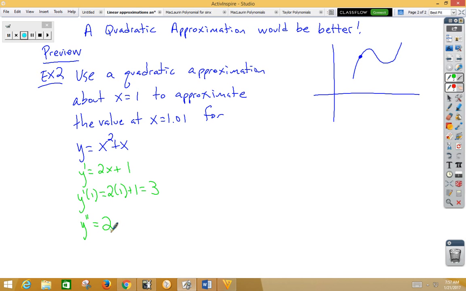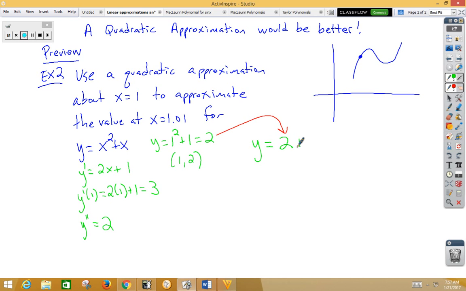All right, so now we start off. We're going to need our point again. So y is 1 squared plus 1 is 2. So we've got the point (1, 2). So our initial statement starts off as y equals 2, the 2 coming from the value plugged in.